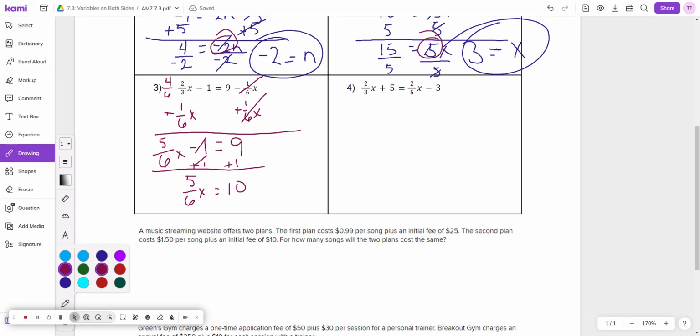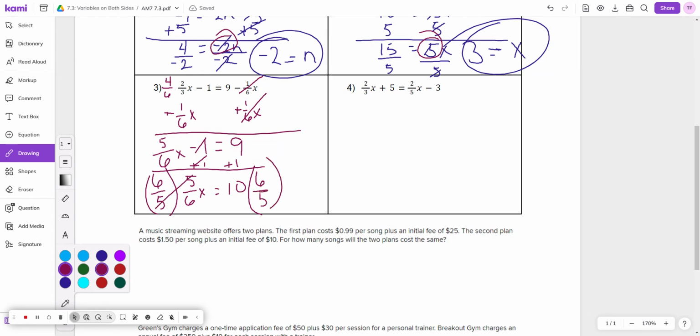Now I could do one of two things. Since 5/6 is being multiplied to x, I could divide both sides by 5/6, or I could multiply by the reciprocal, which is what I'm going to do because that's the type of person I am. I like to multiply by the reciprocal. So I'm going to multiply both sides by the reciprocal.